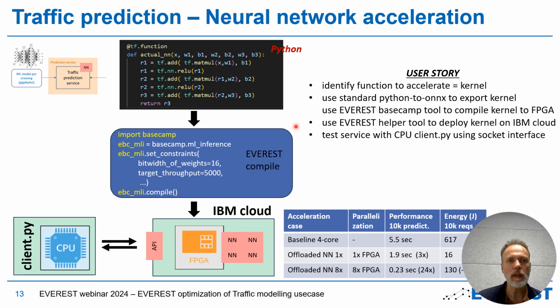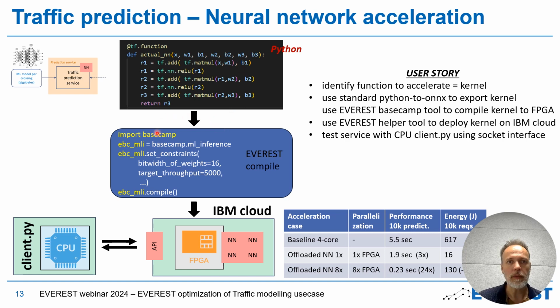And finally, let me present the EVEREST optimization flow with traffic prediction, which uses Python code and cloud FPGA architecture option. The Python function here, our neural network model, is with standard Python tooling exported to ONNX format, which is sort of standard for intermediate representation for machine learning models.